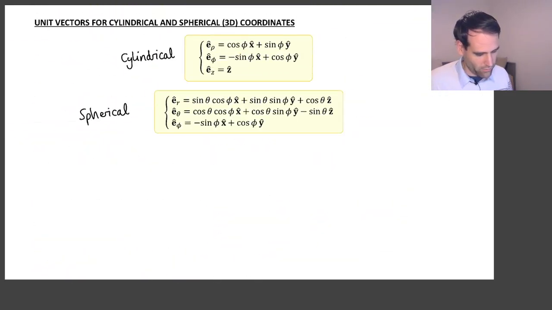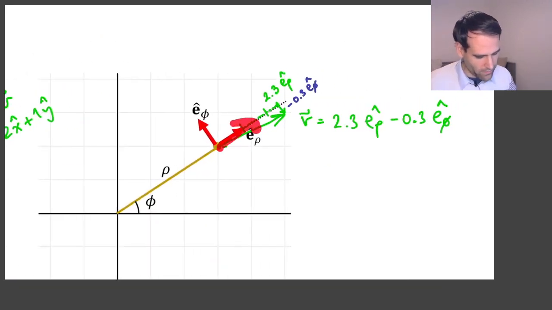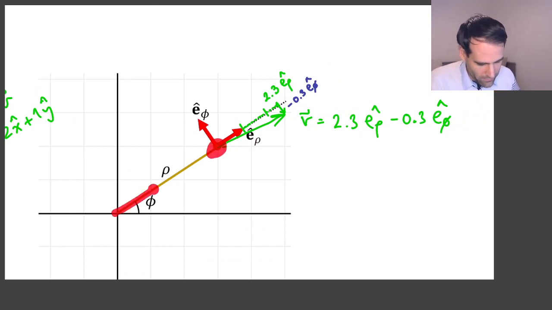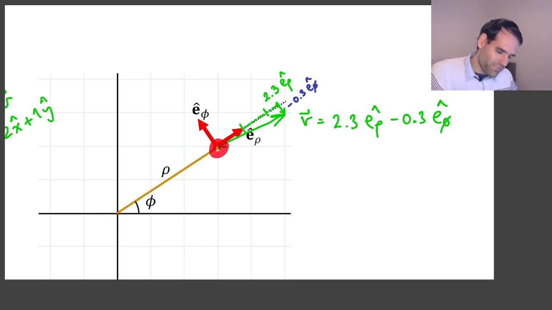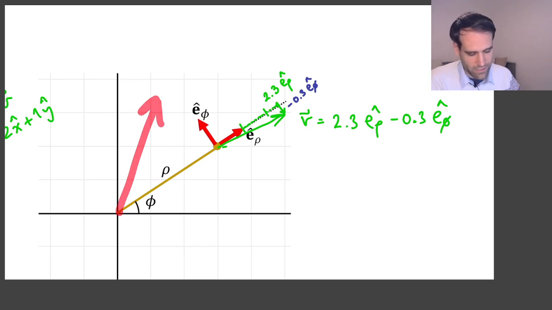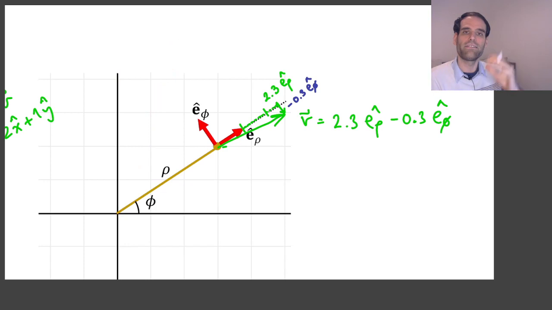So remember, e rho hat depends on which position you are. We go back to here. Remember, e rho hat is always pointing away from the origin. Once you specify the position, once I give you this position vector r, you can tell me what e rho hat and e phi hat are. If I give you a different position vector, then e rho hat and e phi hat will be in a different direction.